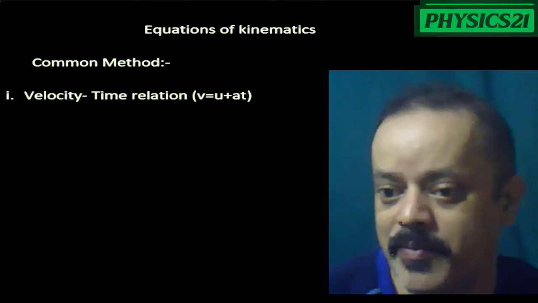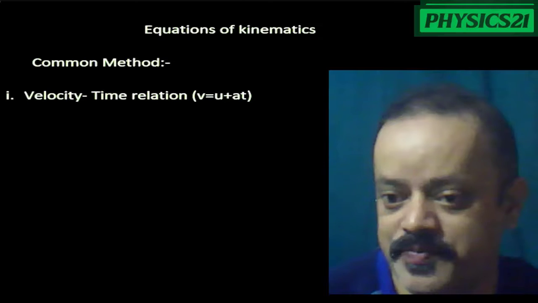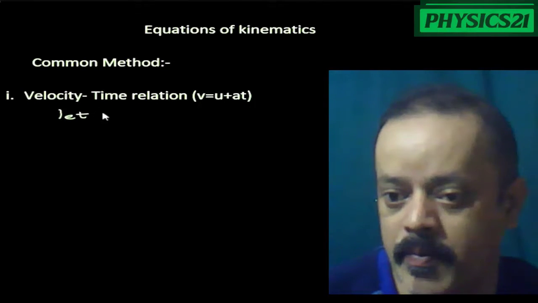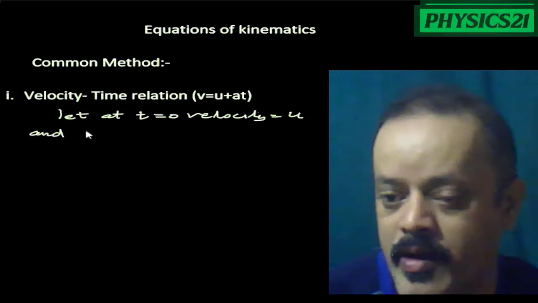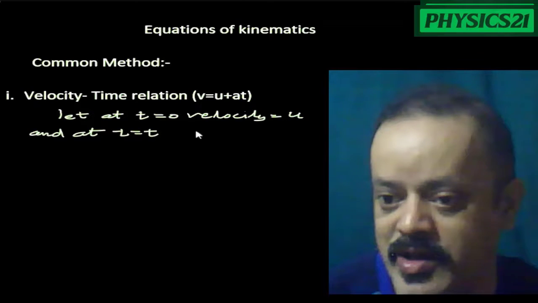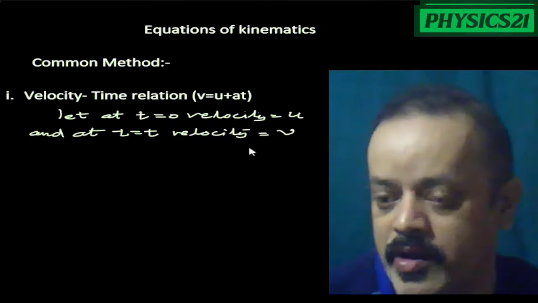To derive this equation of motion, let at t equals 0, velocity be u, and at t equals t, means after time t, velocity will be v.